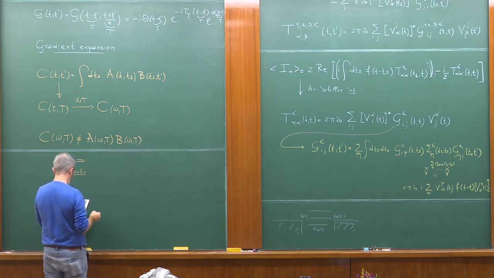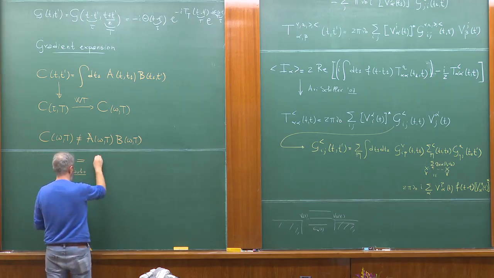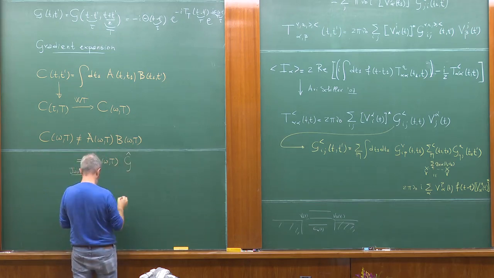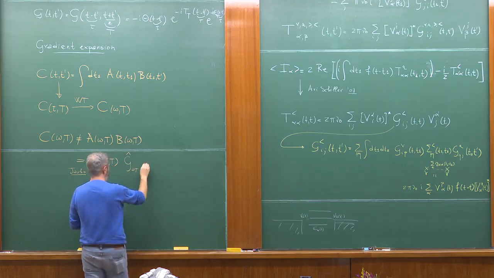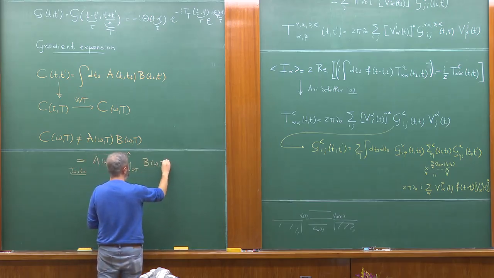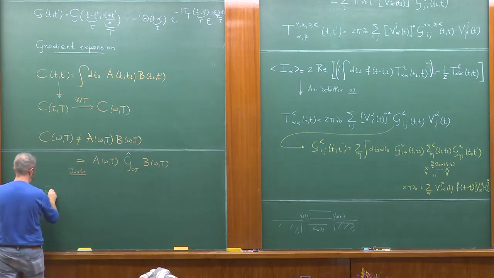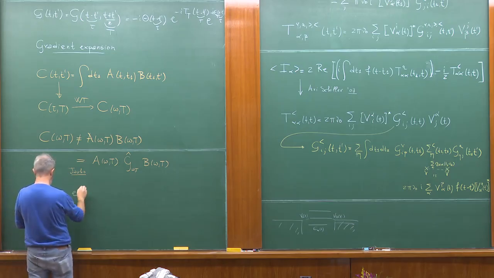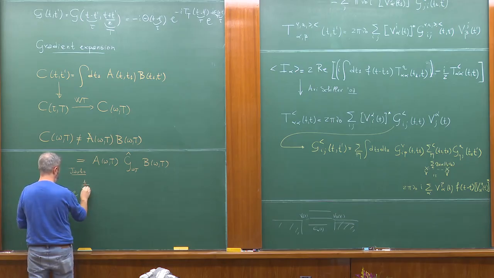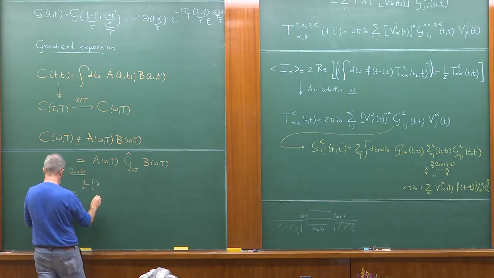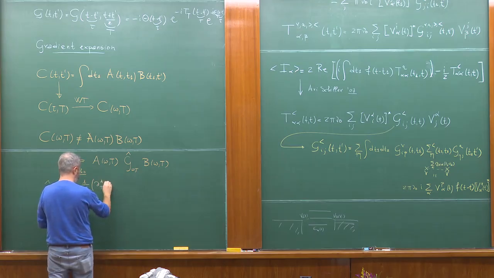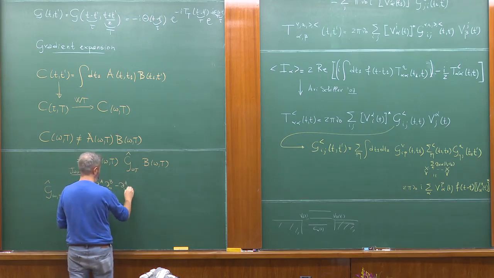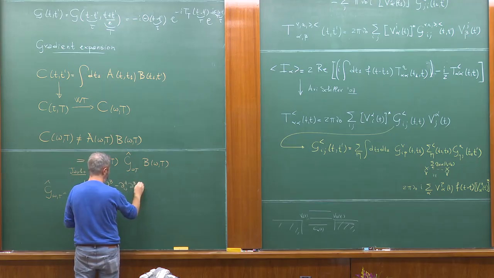So the Wigner transform of this is A of omega and t times a differential operator G of omega, t, and then B of omega and t, where G is equal to the exponential of 1 over 2i, the derivative with respect to t acting on A, the derivative with respect to omega acting on B, minus the derivative with respect to omega acting on A, the derivative with respect to t acting on B.